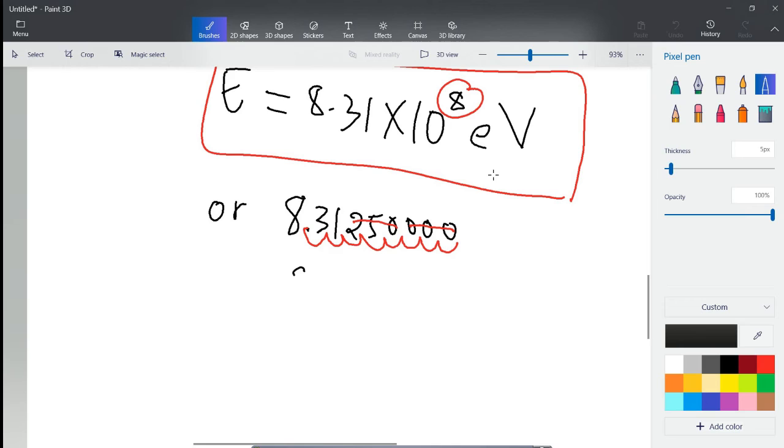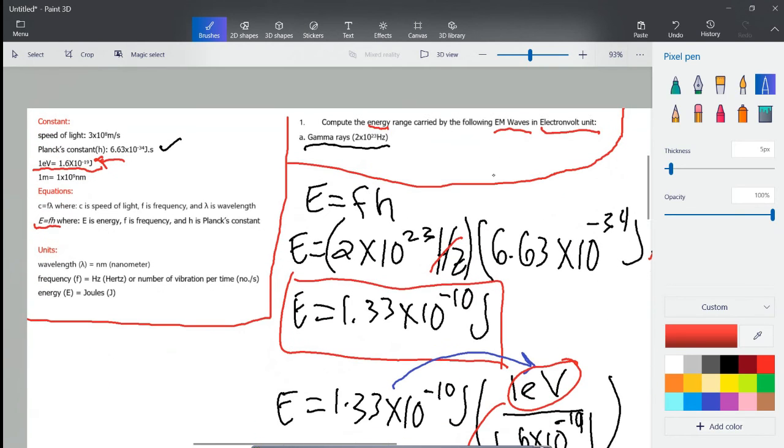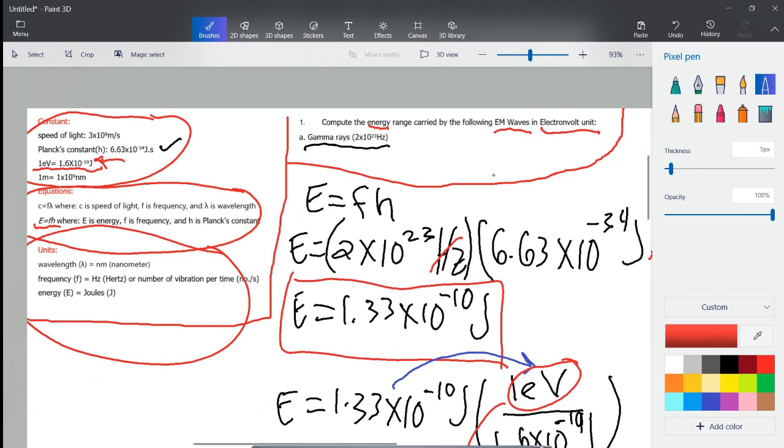Giga is in 9 factors, while mega is in 6 factors. So 6 belongs to mega. So we have 831 mega electron volts for its energy.